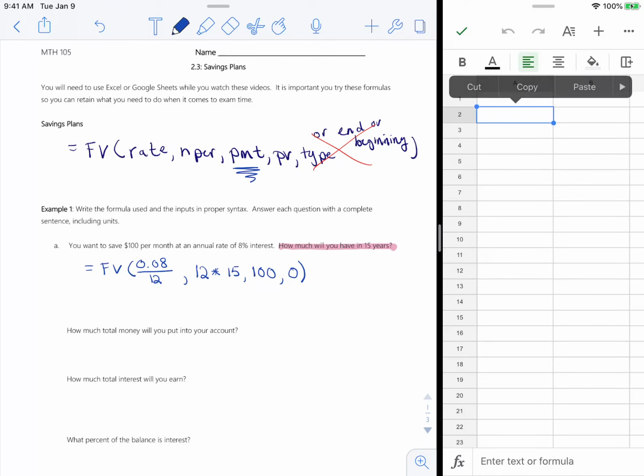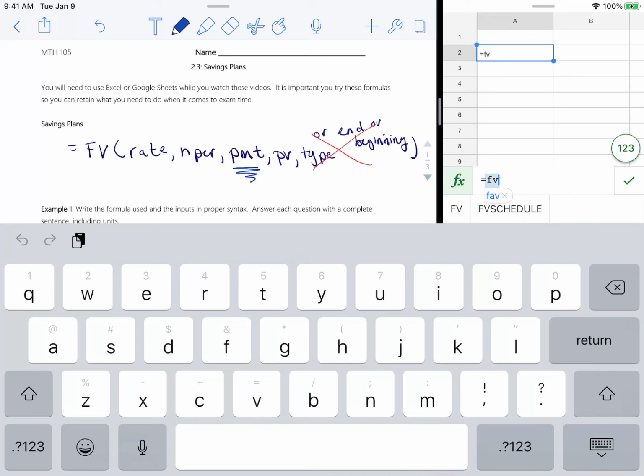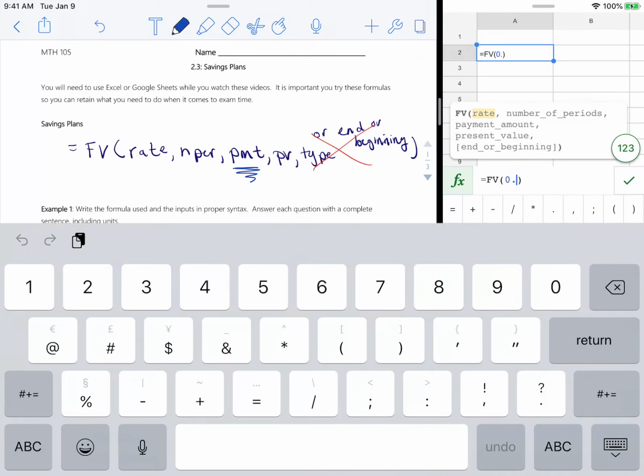And if I do this in good old Google Sheets, equals FV, my rate 0.08, I'm going to divide it by 12, comma, I'm doing it monthly for 15 years. My payment amount is 100, but I'm starting with 0.